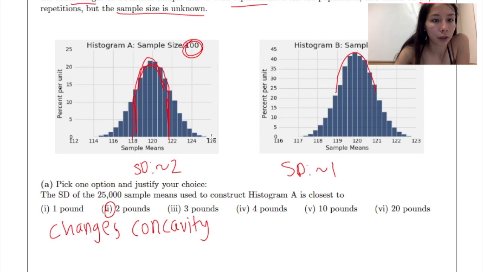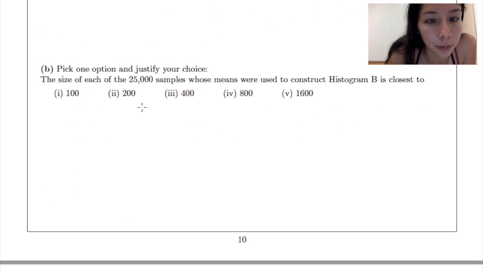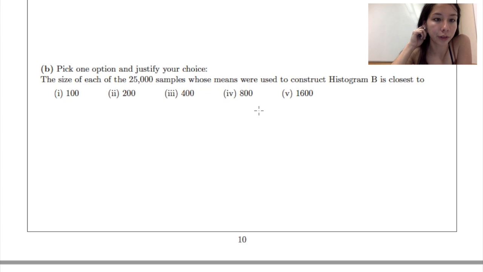Alright, so let's look at part B. The size of each of the 25,000 samples whose means were used to construct histogram B is closest to blank. And immediately we don't know this because we don't know the sample size, it wasn't given. But we can use a formula that we already have to solve for it.